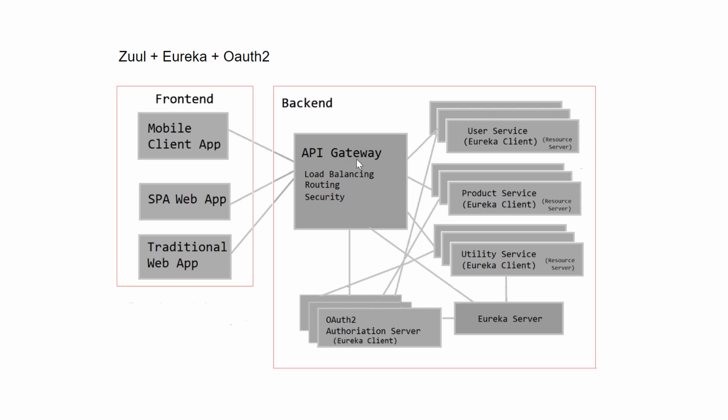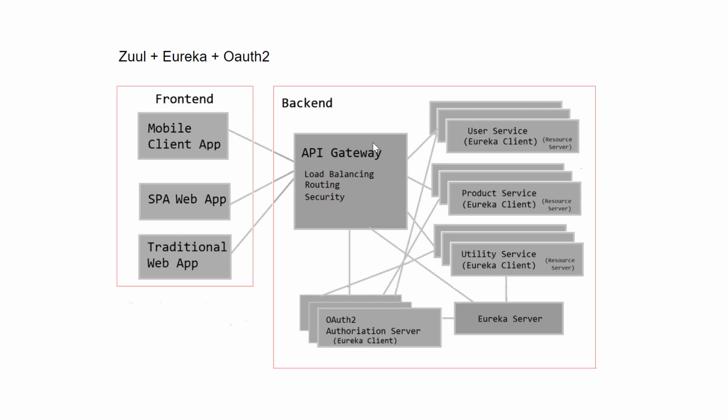So we have to implement the security in such a way that all the requests to the authorization server will be permitted, and the requests to the other microservices will be allowed only if they are authenticated. That security configuration has to be done here in the API gateway. So this is how the security will be implemented in the API gateway, and the backend services will be secured.